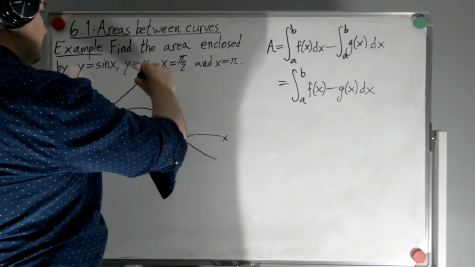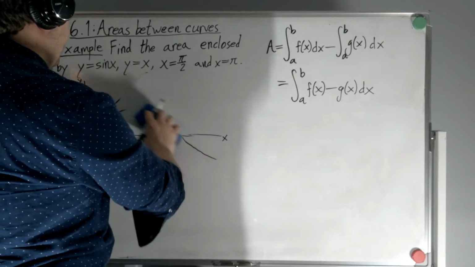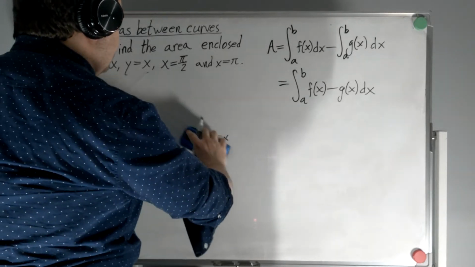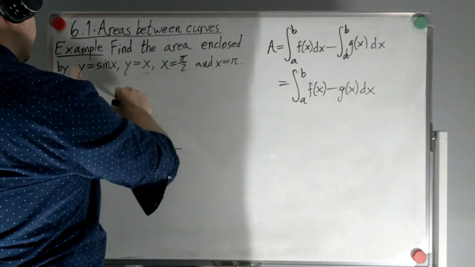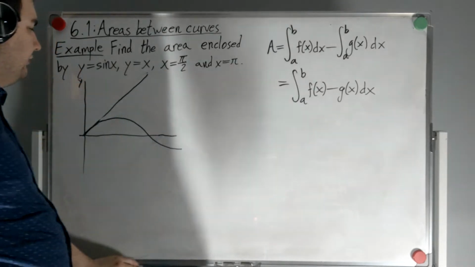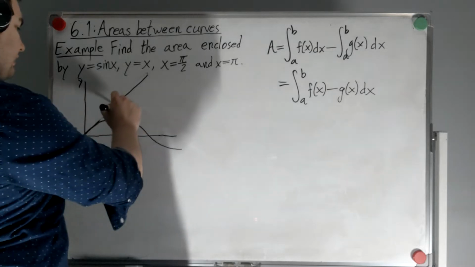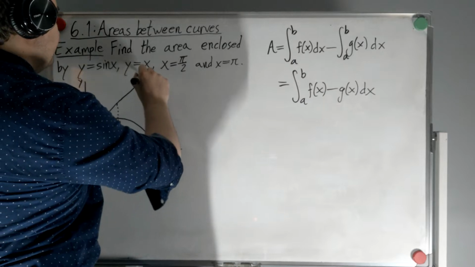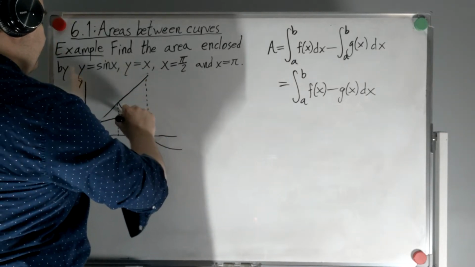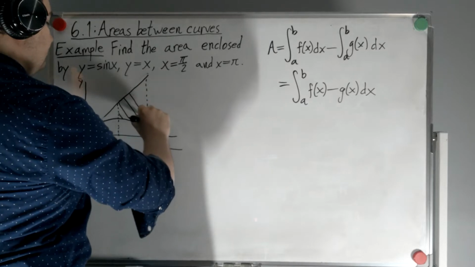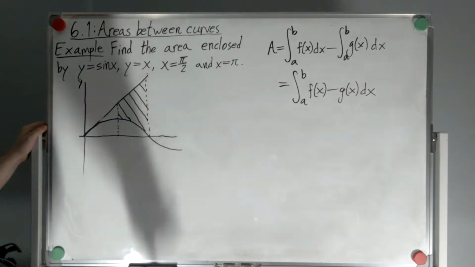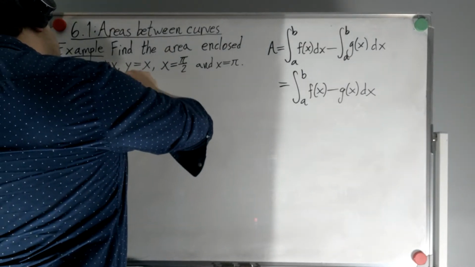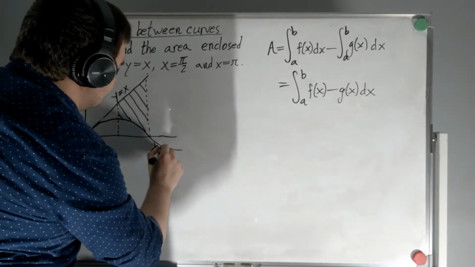Something kind of like this. So from x equals pi over 2 to x equals pi, that would be from this location up to this location. So we are finding the area of this region right here. And of course, this upper curve is y equals x, and this lower curve is y equals sine x.